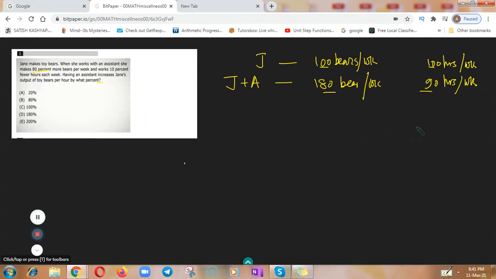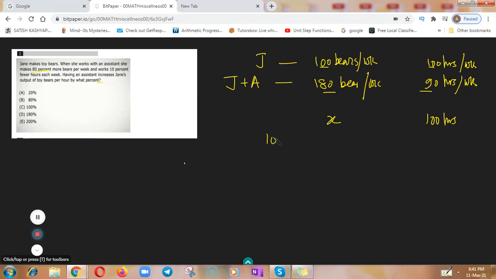Let us say, in order to compare, we have to take 100 hours with her assistant, when she works for 100 hours. Let us assume that she makes X beers, and as we can see, this is in direct proportion.